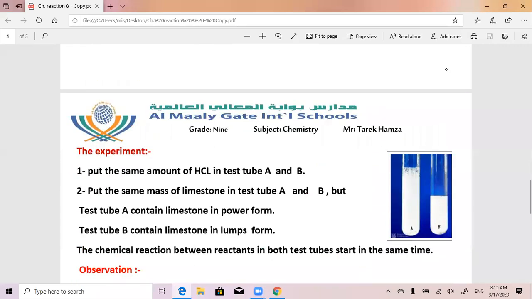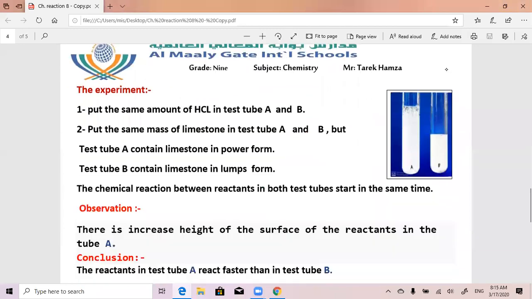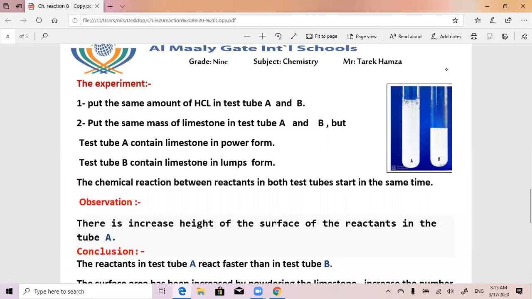Now, the experiment. This experiment explains how surface area affects the rate of chemical reaction. Bring test tubes A and B. Put the same amount of hydrochloric acid in test tubes A and B. Put the same mass of calcium carbonate in test tubes A and B, but with a difference in the form of calcium carbonate.